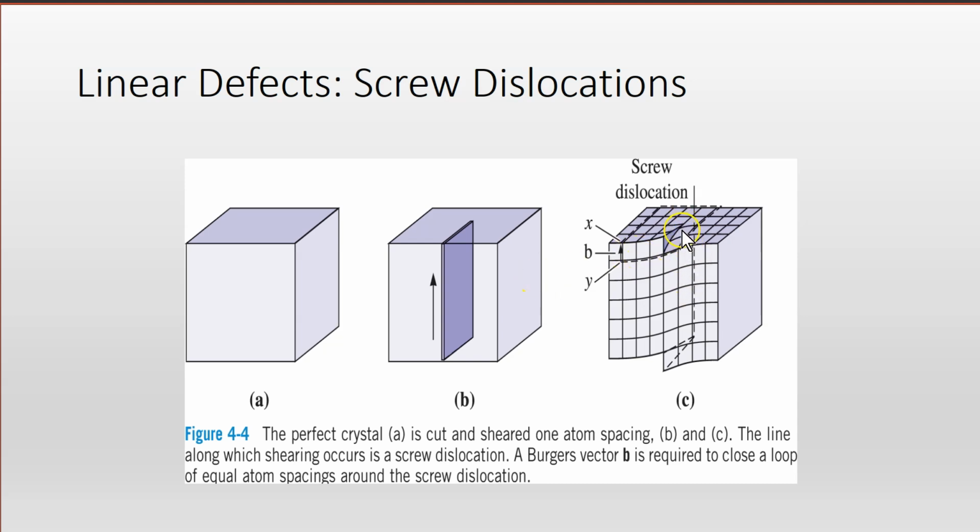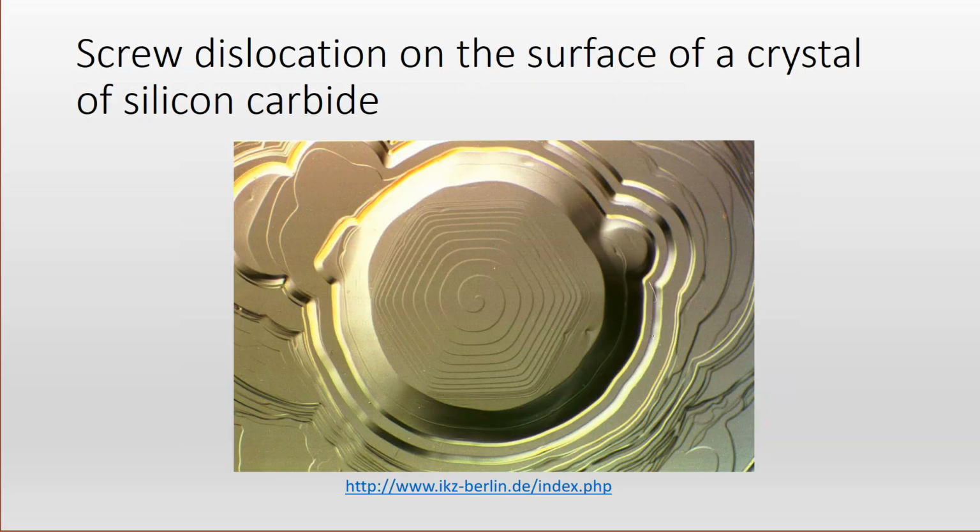The dislocation is characterized by the line of the dislocation, and I'll show you some more detailed pictures of that visually. The step here is due to a screw dislocation on the surface of a crystal.